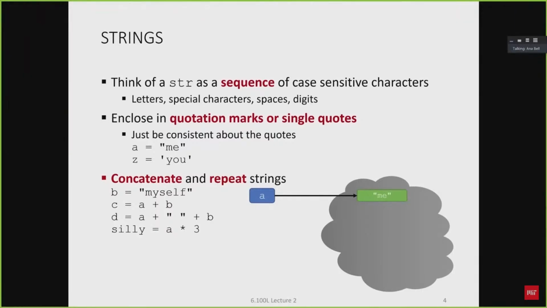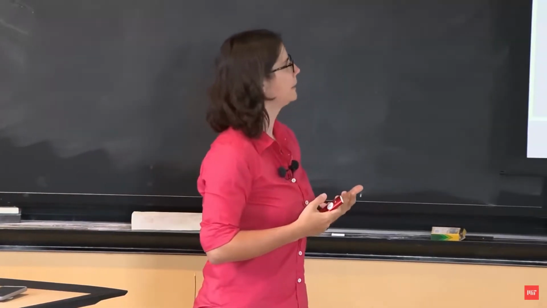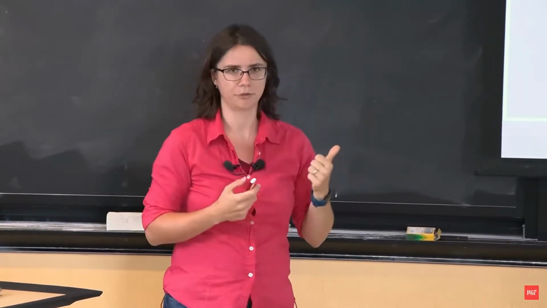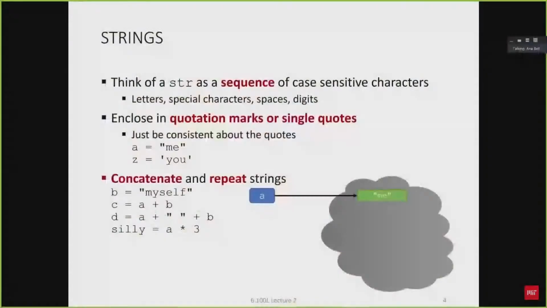All right, so now what are some things we can do with strings? Well, some really common operations are that we can concatenate strings or we can repeat strings. So here, I'm not going to put the Z in memory. You can kind of imagine how that would look like. But let's say I create now a variable B equals the letters MYSELF. What if I do a plus operator between these two strings?